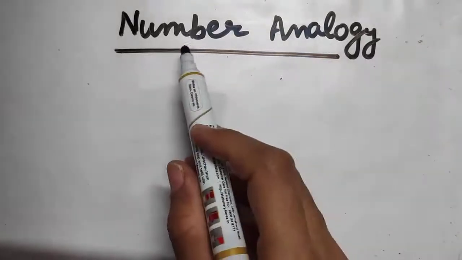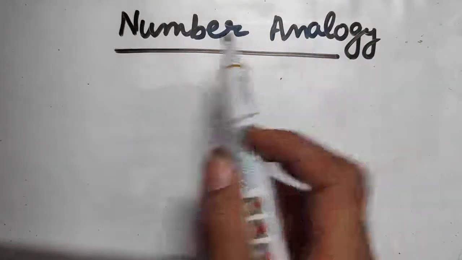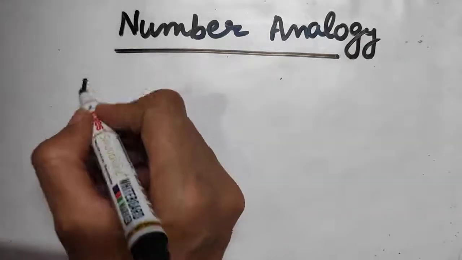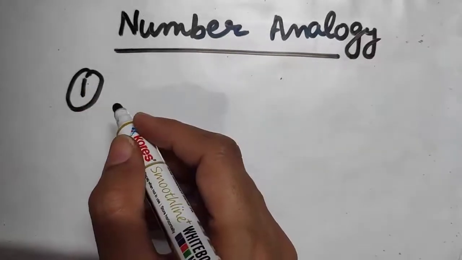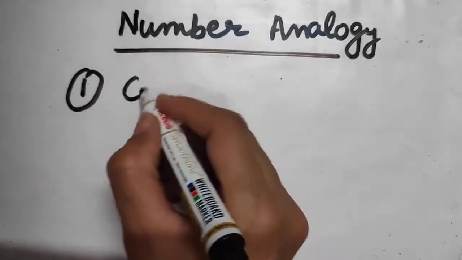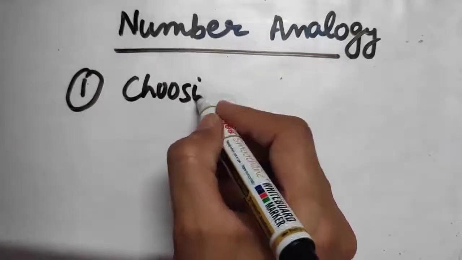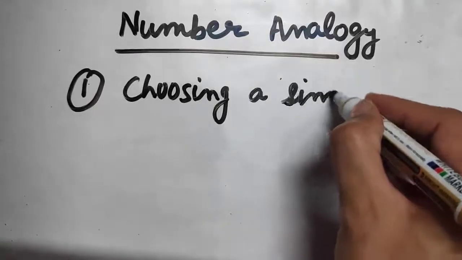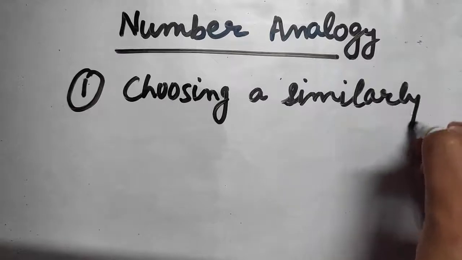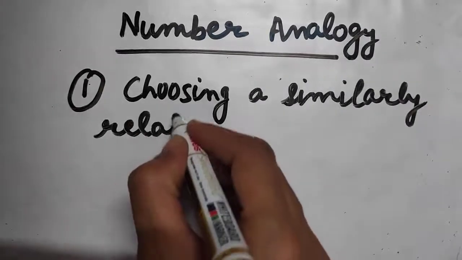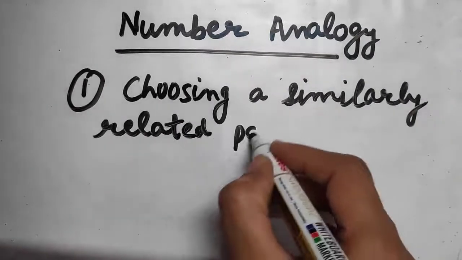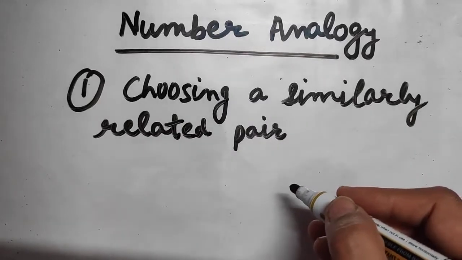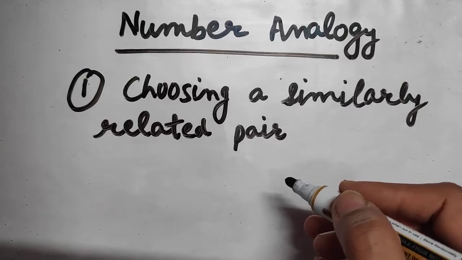Dear children, in number analogy we shall discuss two types of questions. First is, we need to choose a similarly related pair as the given number pair on the basis of the relation between the numbers in each pair.